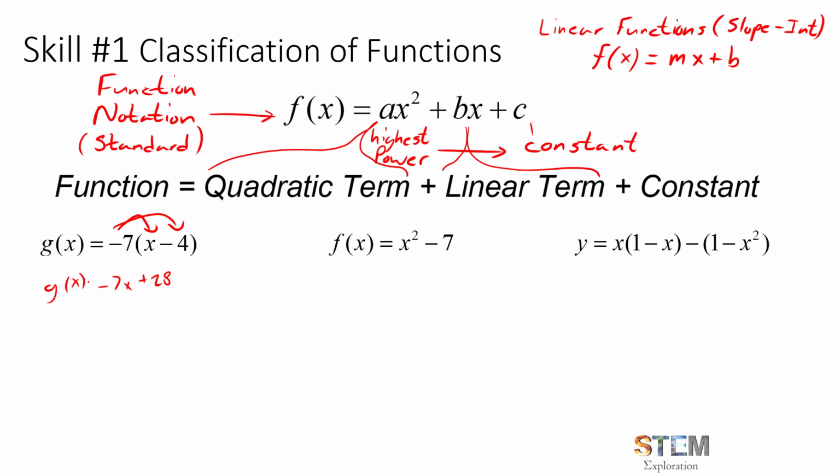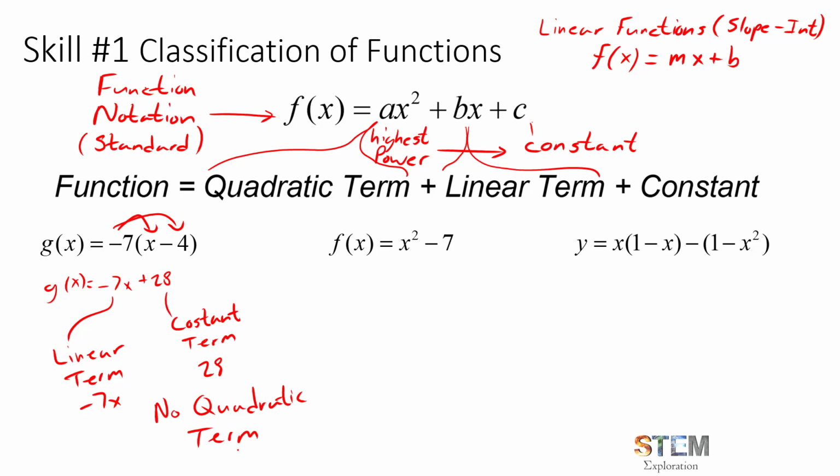We can look at this and say that it has a constant term of positive 28 and a linear term of -7x, and there is no quadratic term. Saying that there's no quadratic term is something you generally wouldn't say simply because it's absent, but because of its absence, we see that the linear term is the highest powered term because there's only x to the first power here. So as a result, this function is a linear function.